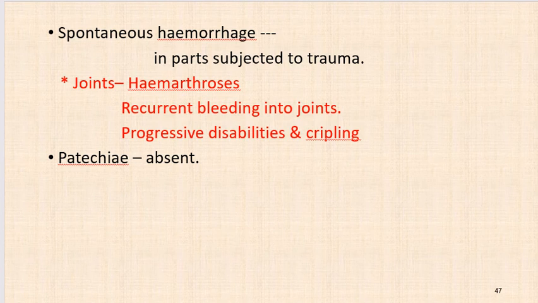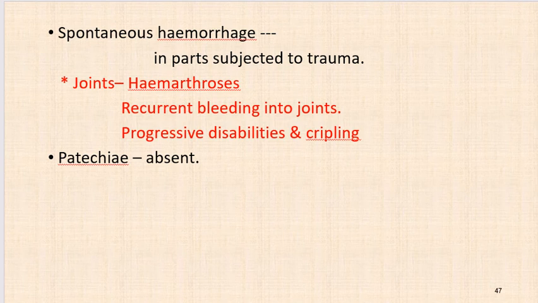In this condition, that is in hemophilia, there is spontaneous bleeding in parts subjected to trauma. For example, when the child grows up and starts walking, it falls on the ground again and again, and he hurts his knee joints.